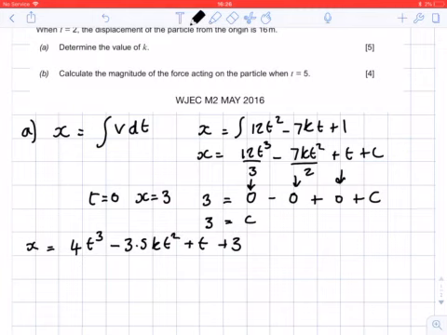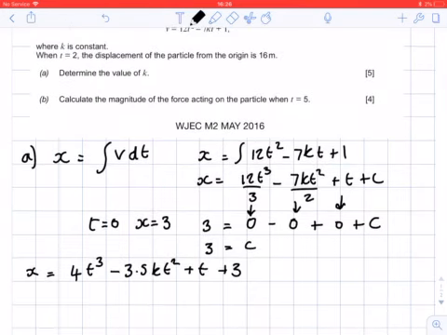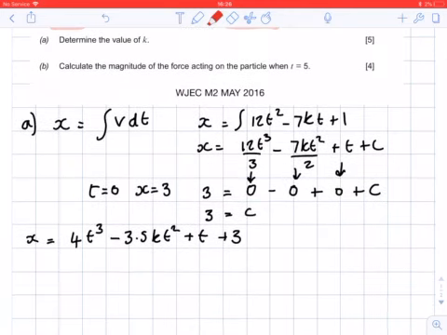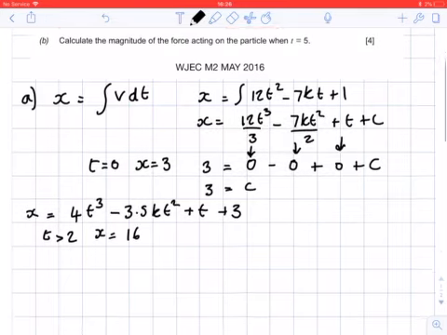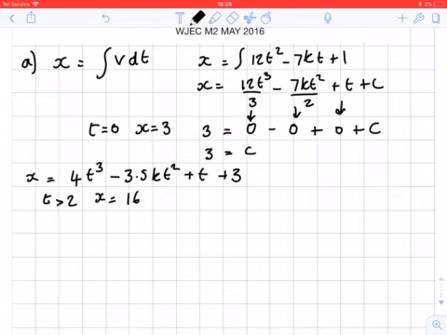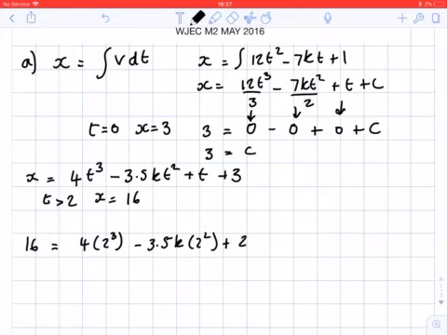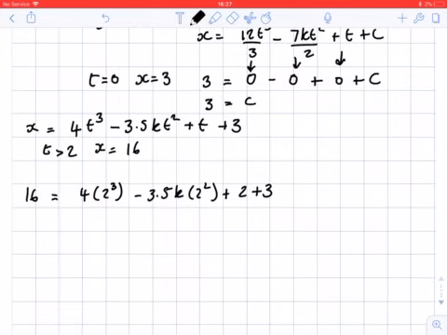Now we still don't know what k is, so there must be more conditions we can use. And reading further down, I can see when t is 2, the displacement is 16. So when t equals 2, I can state that x is equal to 16. So substituting in, 16 is equal to 4 lots of 2 cubed minus 3.5k times 2 squared plus 2 plus 3.